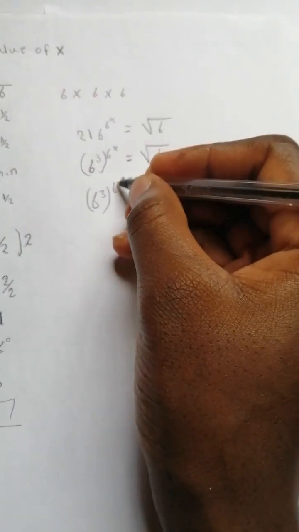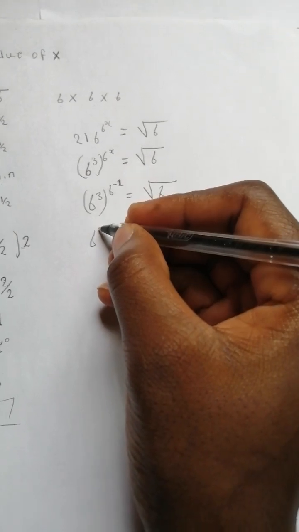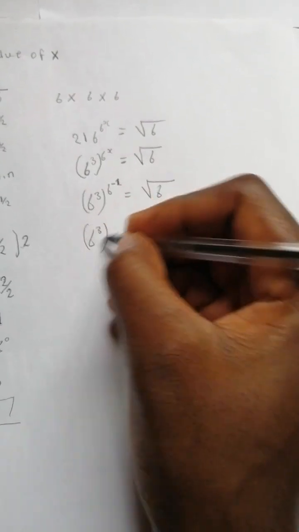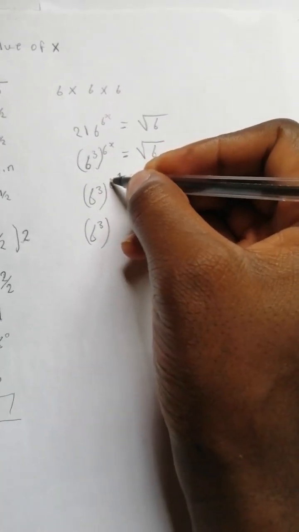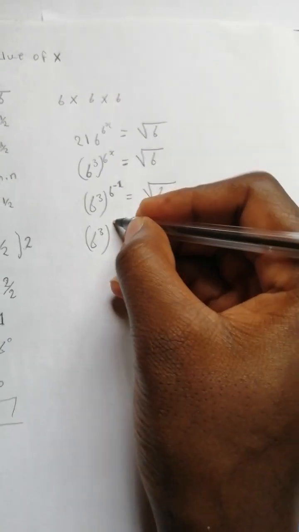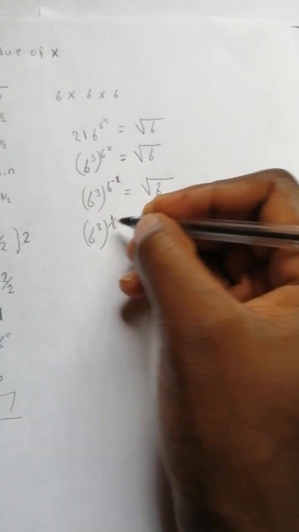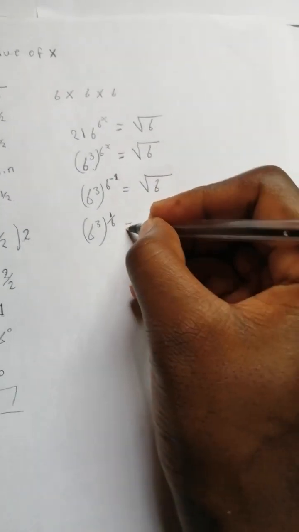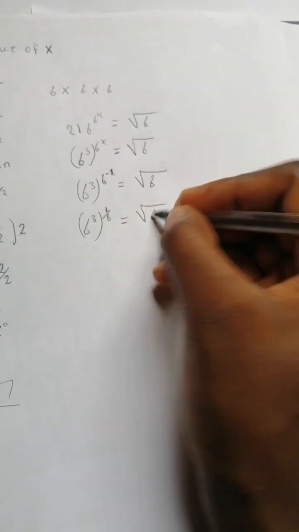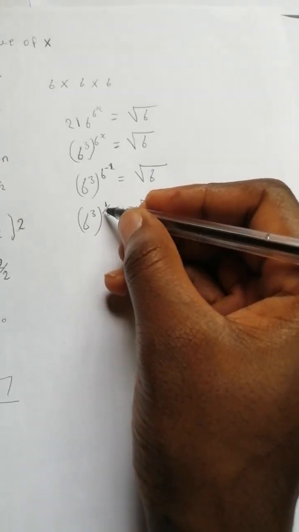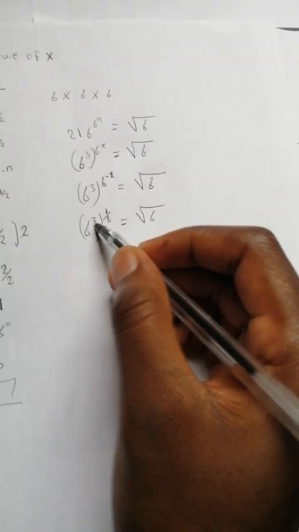So here, according to the laws of indices, we're going to write this 6 raised to the power negative 1 as 1 over 6 like that. So this should be equal to the square root of 6. Now I'm going to multiply the exponents.